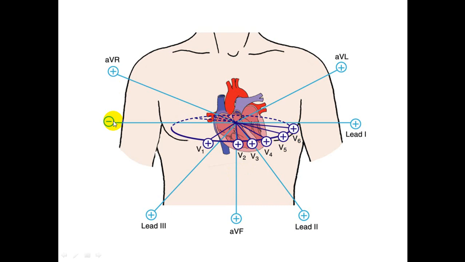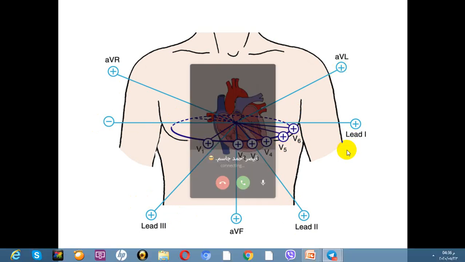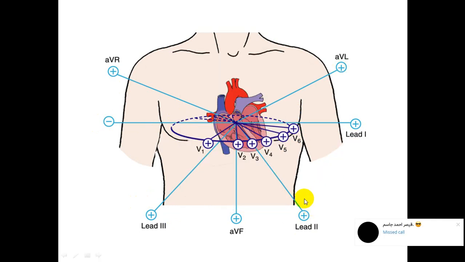These are the limb leads: lead 1, lead 2, and lead 3. AVF looks at the heart from the inferior, while lead 1, V5, V6, and AVL look to the lateral wall of the heart.